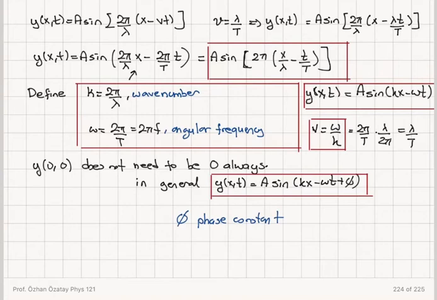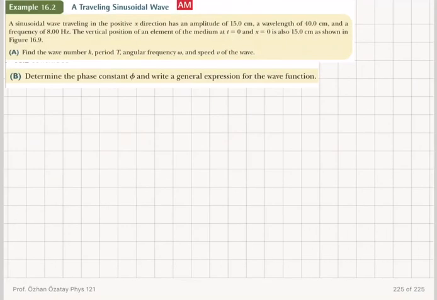Now let's take a look at a specific example. A sinusoidal wave traveling in the positive x direction has an amplitude of 15 centimeters, wavelength of 40 centimeters, frequency of 8 Hertz. The vertical position of an element of the medium at t equal to 0, x equal to 0 is 15 centimeters.